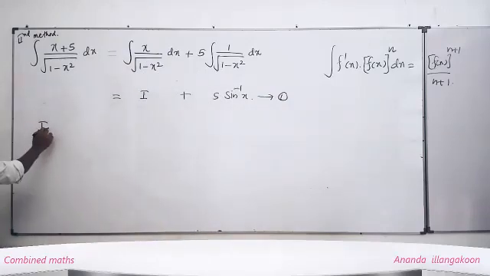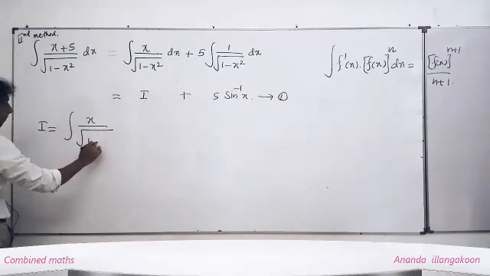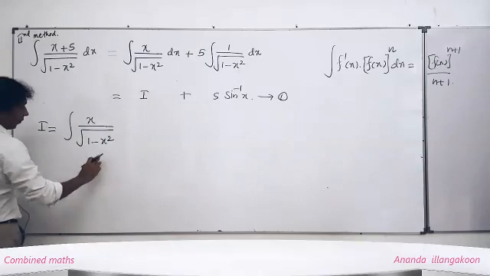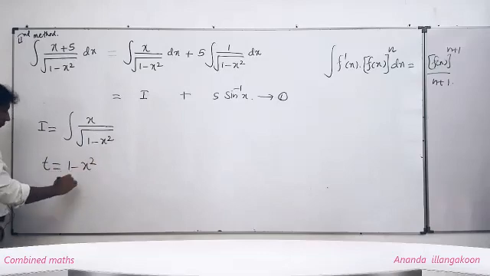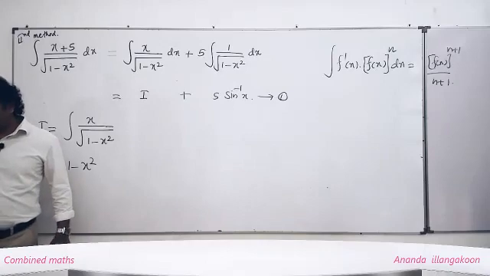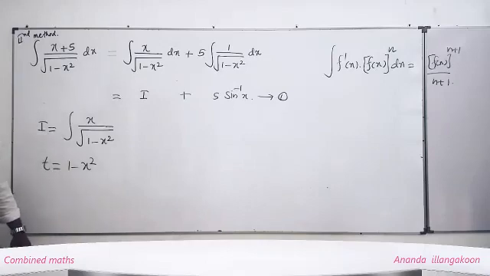I is equal to x upon this. I'm going to use this one as our substitution: t equals 1 minus x squared. Though you use 1 minus x squared root as t, that is also correct.